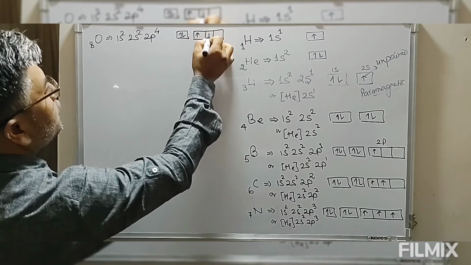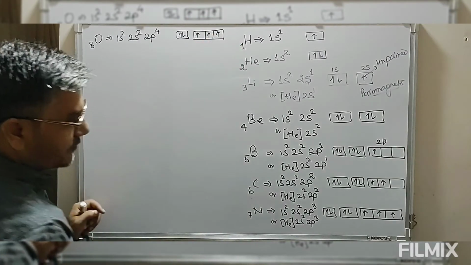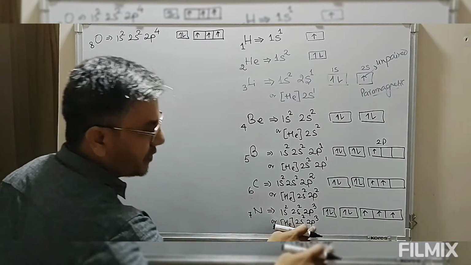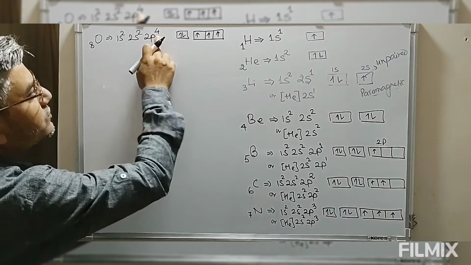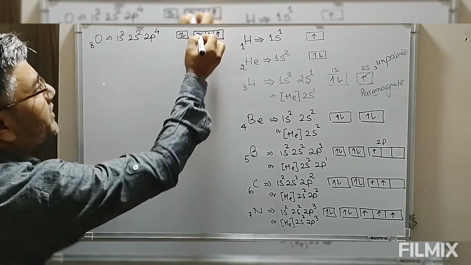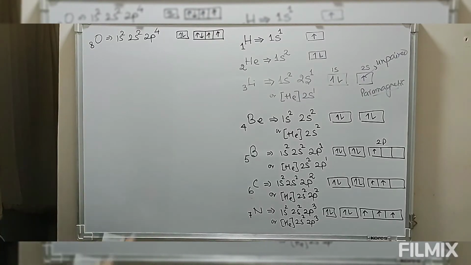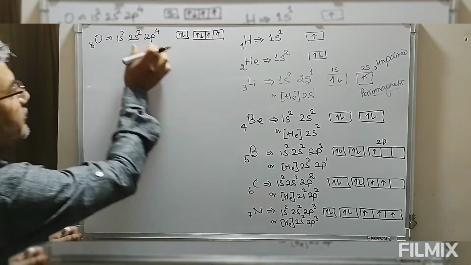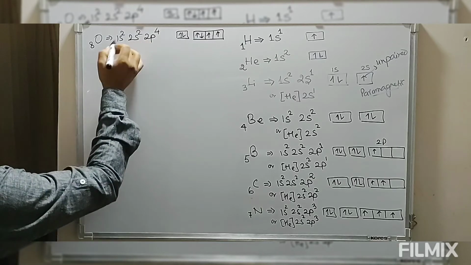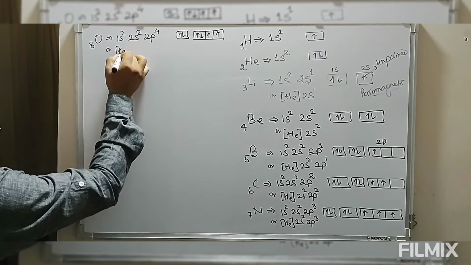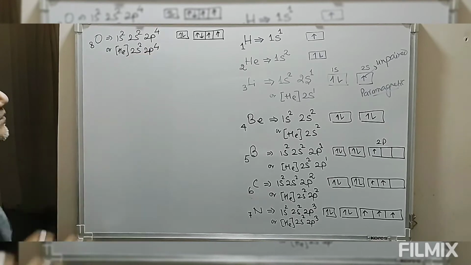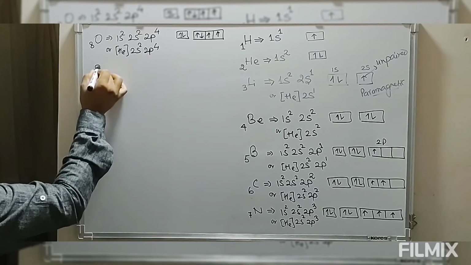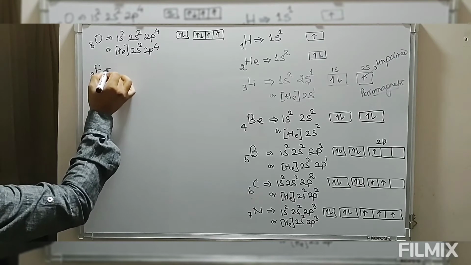According to Hund's rule, up to nitrogen the p orbitals were singly occupied. So the 4th electron will undergo pairing of electrons. This is the valency shell electronic configuration, the configuration of helium, 2s2, 2p4.